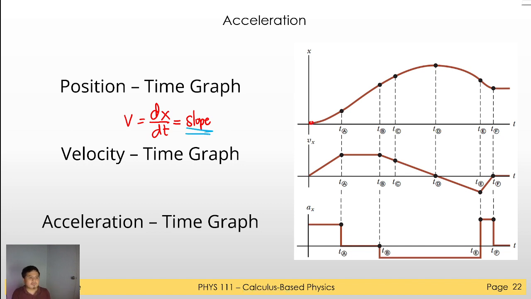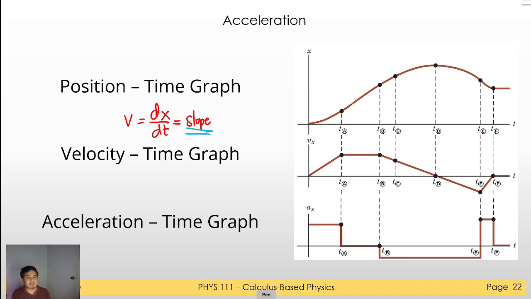So if we observe that the slope here is changing, as you can see, this given point has a slope, this given point has a slope, and the slope is changing in a positive way since the velocity is accelerating. Then we have a change in velocity that is positive and increasing. This means it is increasing linearly.